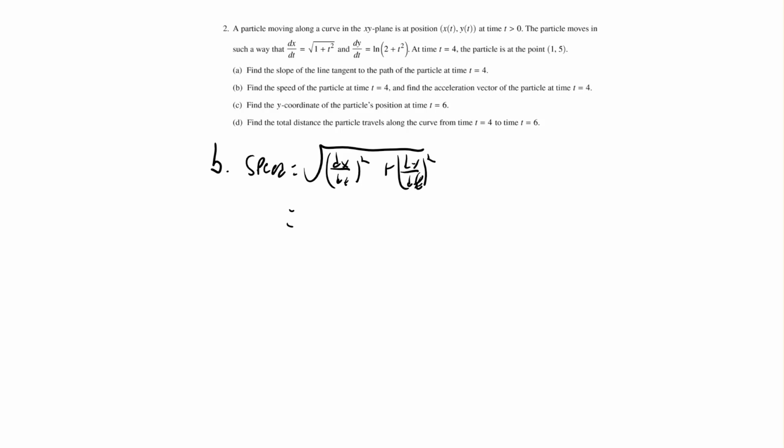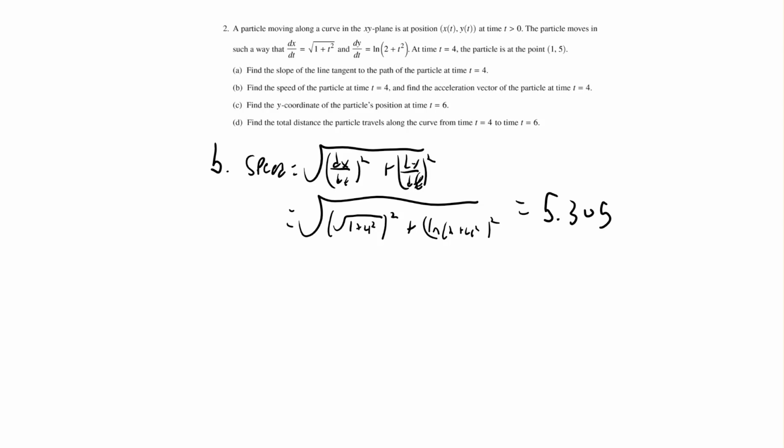So we are evaluating the square root of 1 plus 4 squared plus ln of 2 plus 4 squared, and this comes out to be 5.305.